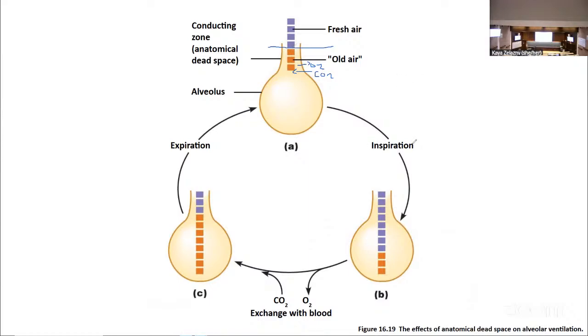Then we're going to breathe in, so we're going to inspire. We are dropping down the pressure in the alveoli to suck air in, making them bigger. Think about this as a column of air. Some of it's in your trachea, then some of it's in those main bronchi, then some of it's in the segmental bronchi, and so on.